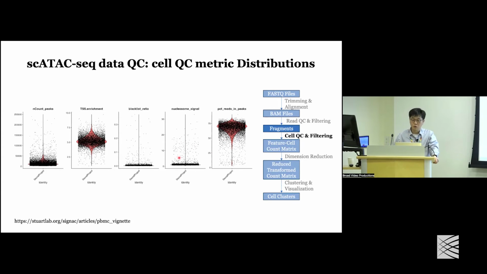The other thing I'd like to note here is that it is almost impossible to find a single cutoff that applies to multiple datasets, meaning the distributions of these metrics are actually different for different datasets. Even if you try to combine them, it is highly recommended that these metrics be evaluated separately for each dataset, and then cutoffs should be determined separately for each dataset.